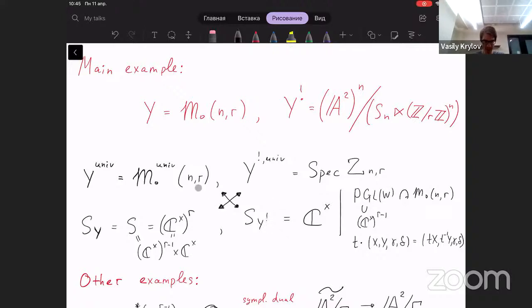Okay, and so what we see is that this space's deformation is one-dimensional, and this torus is one-dimensional. This torus is r-dimensional, and this rational Cherednik algebra is an r-dimensional deformation.